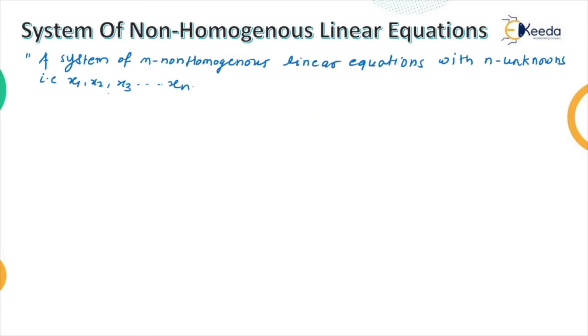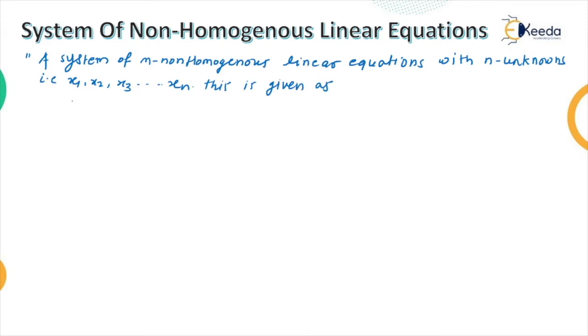So a linear non-homogeneous system is given as follows, containing n unknowns and m equations.